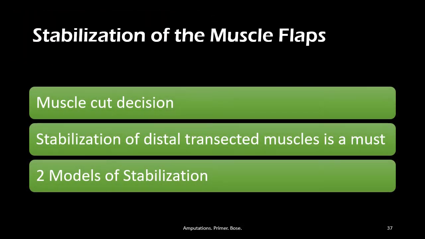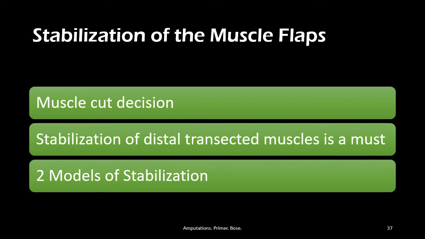In previous slides, we discussed the incision decision on the skin. Amputations are done with an eye to each layer that is dissected. And the next major layer below the skin is the muscle and then the bone. In elective amputation stage, the muscle cut is done distal to the level of proposed bone division.